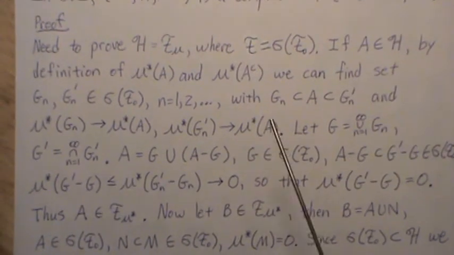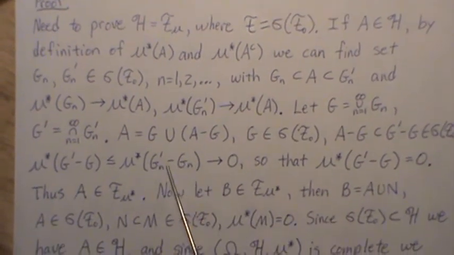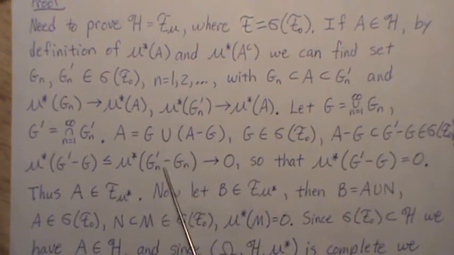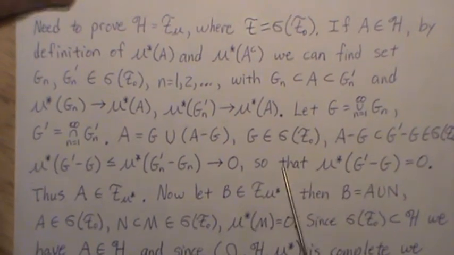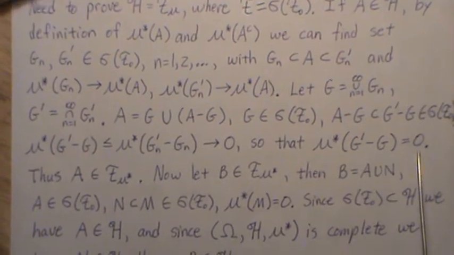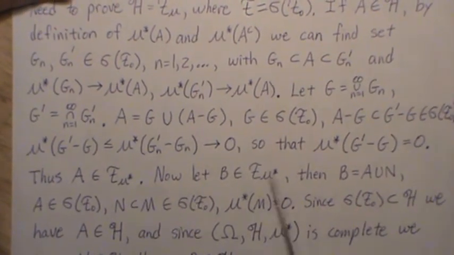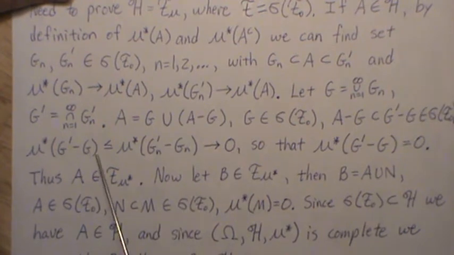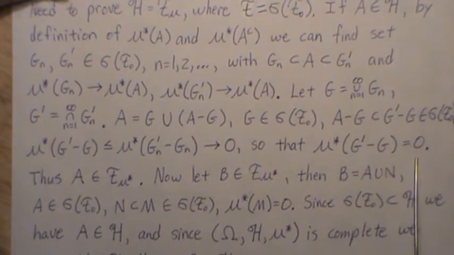But these squeeze down to 0; the difference goes to 0. So that means mu star of G prime minus G is equal to 0. If this limits to 0 and this is less than that, it has to be 0.